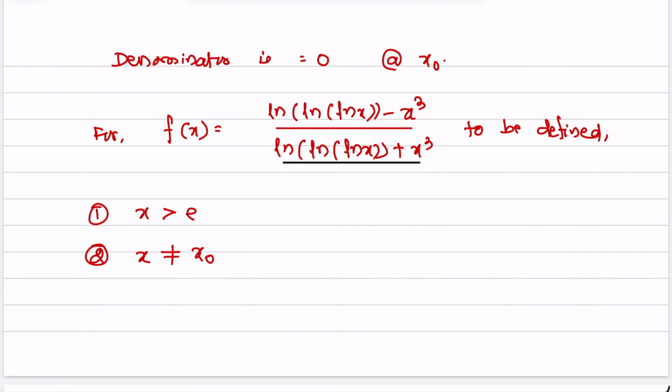Hence, what is the domain of function f(x)?